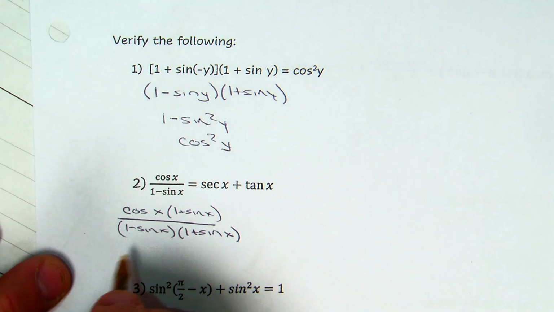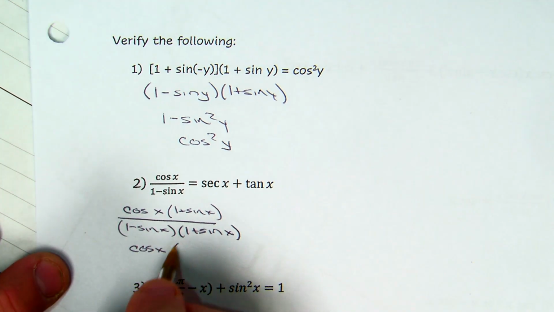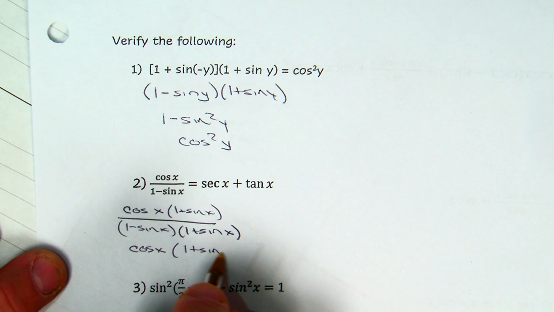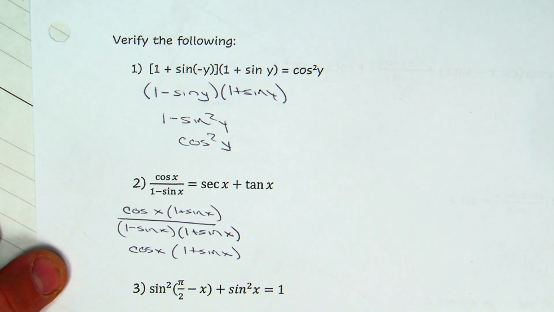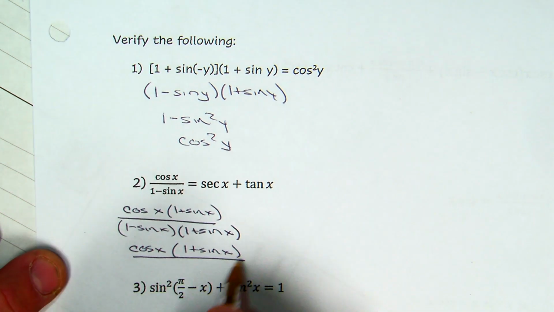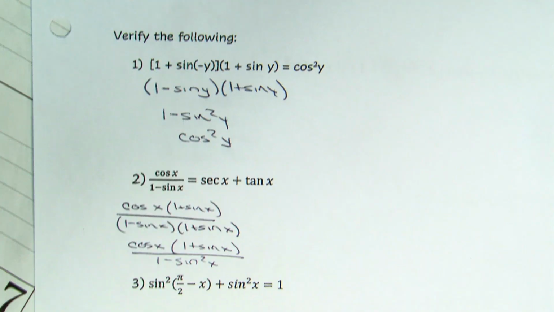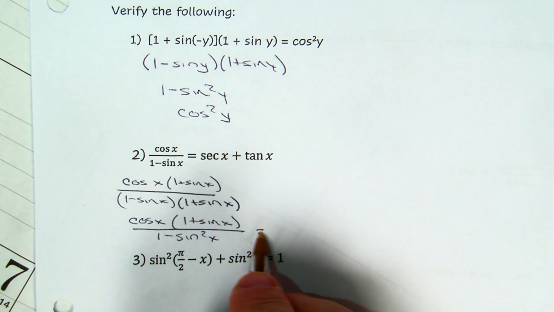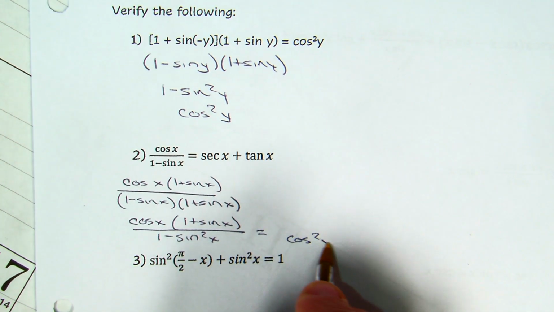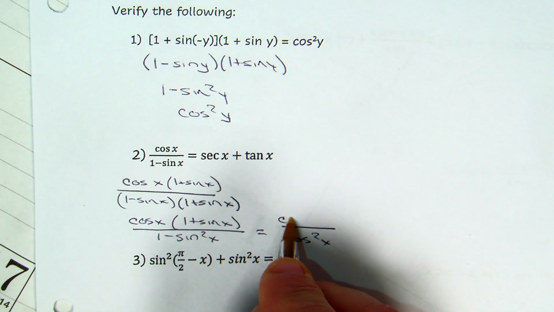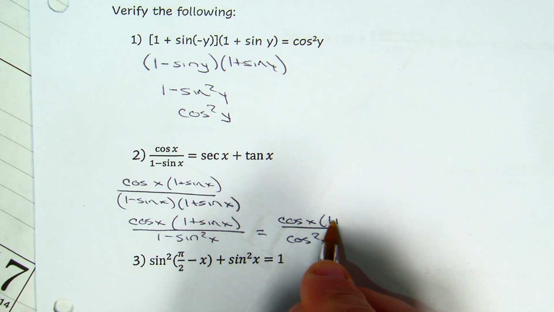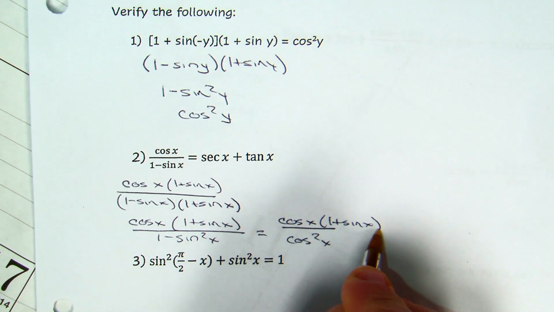When I do that, I'm going to have cosine x over 1 plus sine x. Again, do not distribute. Leave it. Over 1 minus sine squared x. As soon as we see 1 minus sine squared x, that's going to become cosine squared x. This is why I don't distribute, because more often than not, we're going to be able to cancel without distributing.